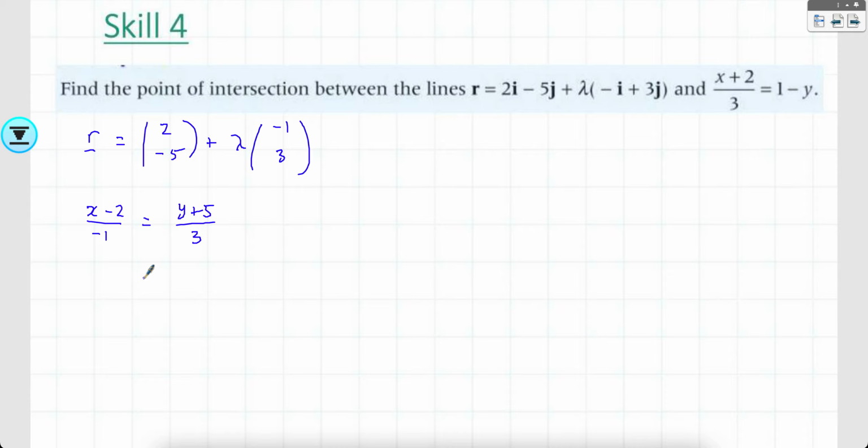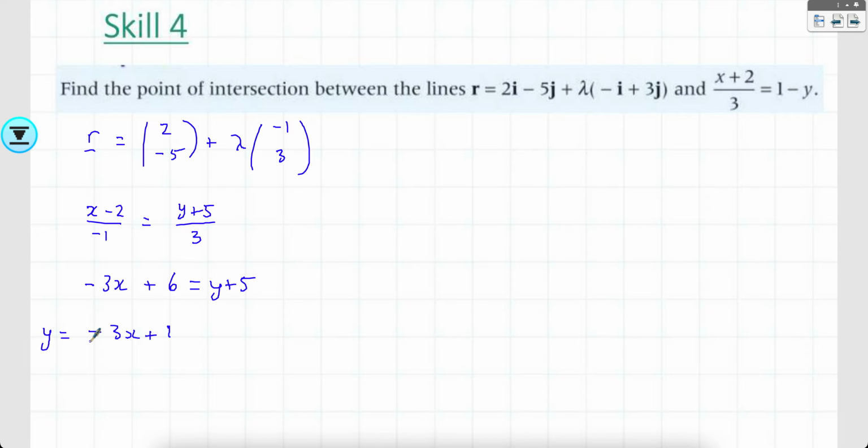Rearranging it, I'll end up with y equals -3x + 6... and 1. So we have that.